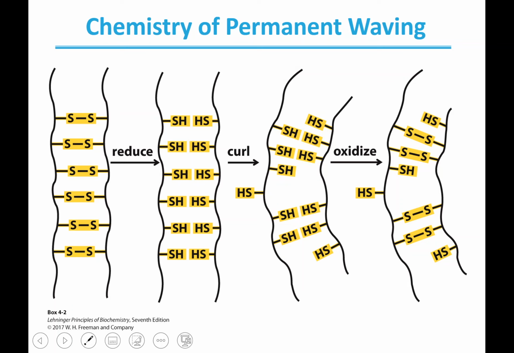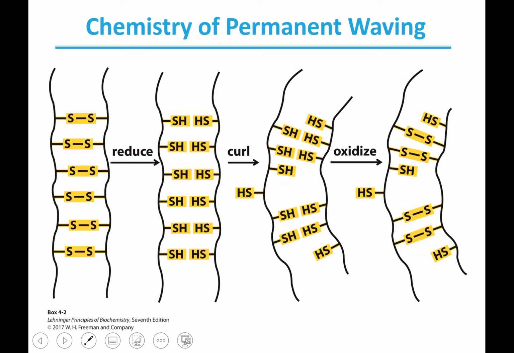So when we reduce those disulfide bonds, that breaks the disulfide bond. Now the cysteine residues aren't linked together. You do that, you curl the hair, so now the hair takes a different shape.